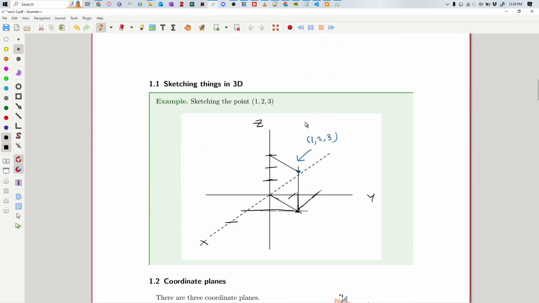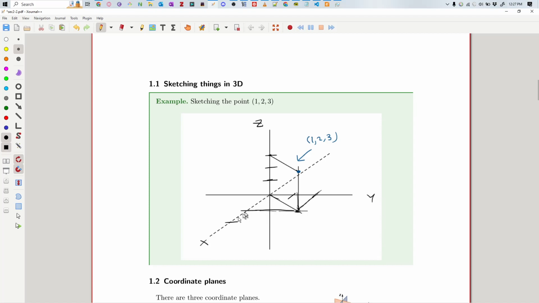I thought it would be helpful to show how you could sketch a point in three-dimensional space. So this is the way you kind of go about it. Let's talk through this. So suppose that you wanted to sketch the point 1, 2, 3. Well, after you draw the axes for your coordinate system, for your space, what you want to do is make your tick marks so that they are parallel in the right way.